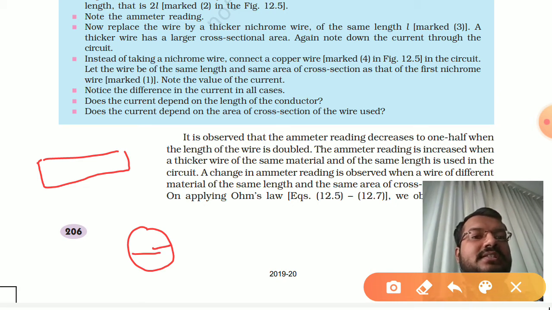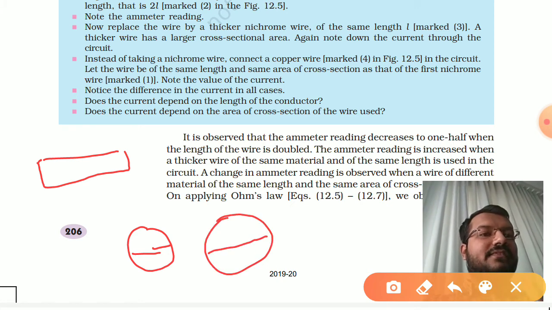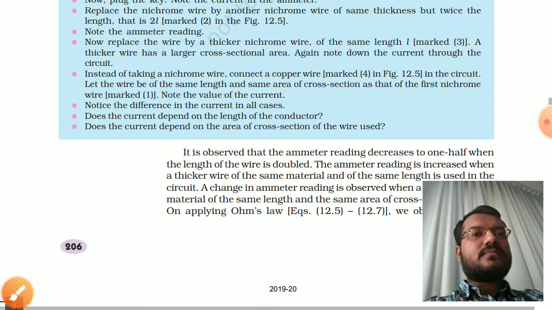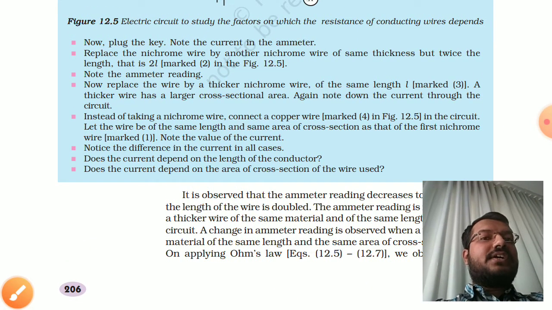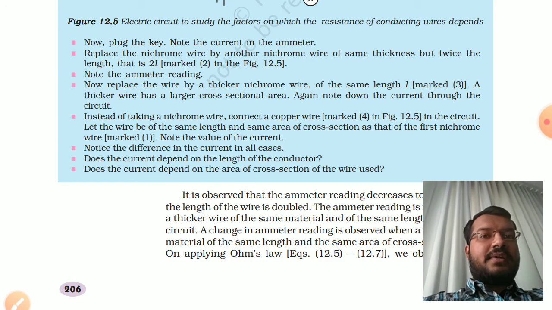If you increase the thickness of the wire, the diameter will also increase, and then the cross sectional area of that wire will also increase. After increasing its thickness, you have to measure the current reading in the ammeter.